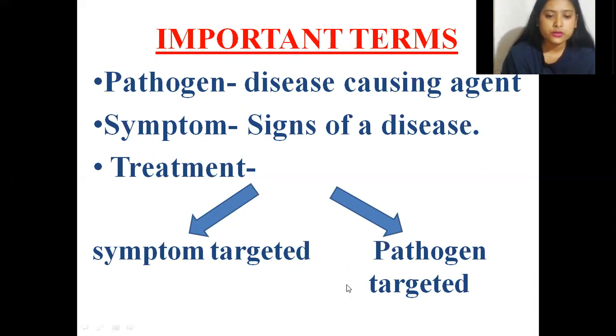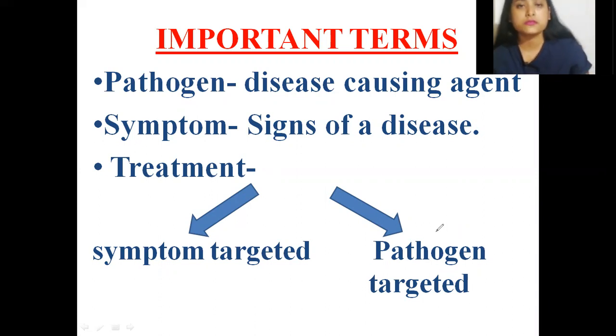Symptom. We already know what a symptom is, but since we are using the term here, we are going to define it. Symptom means signs of a disease. Suppose you are suffering from malaria. What are the symptoms that you are going to face?